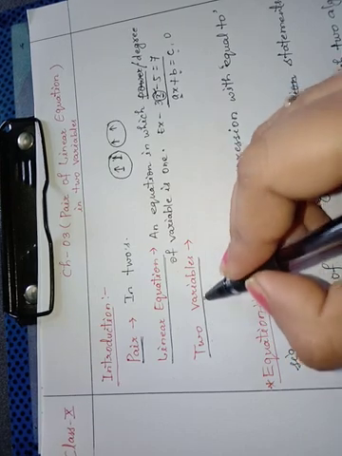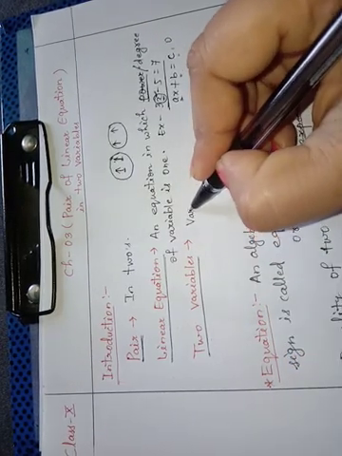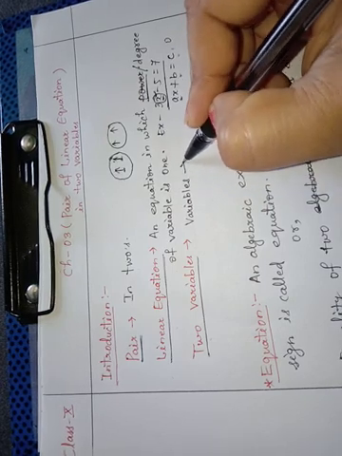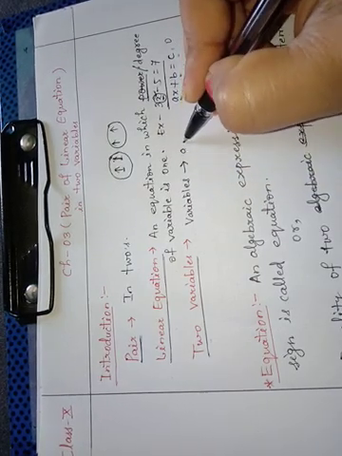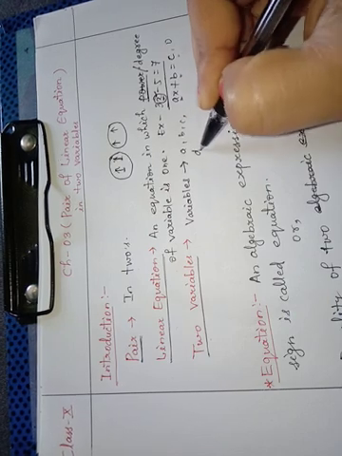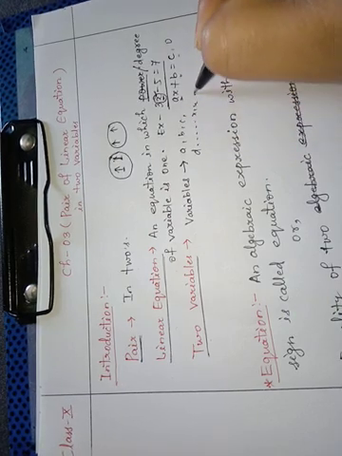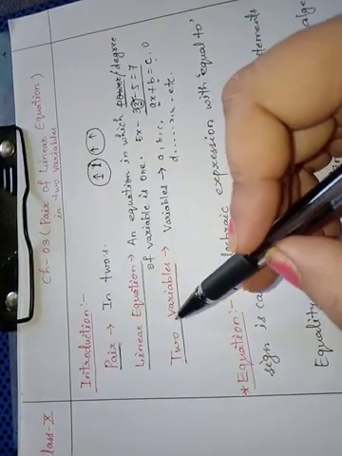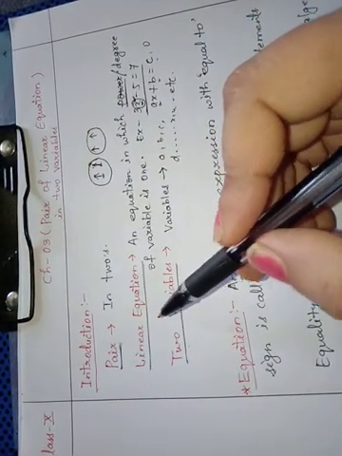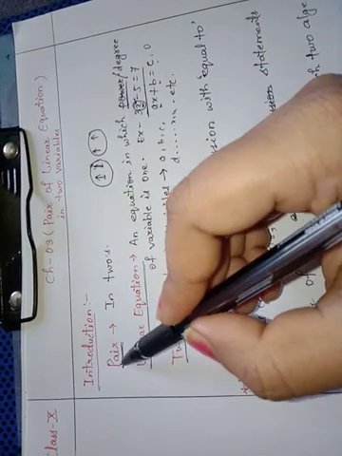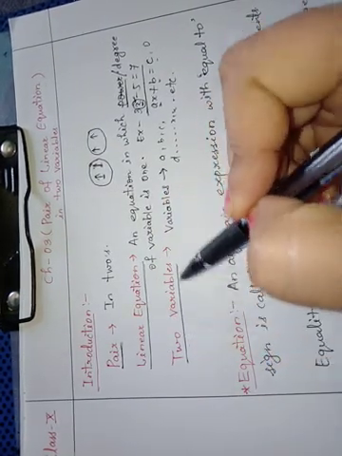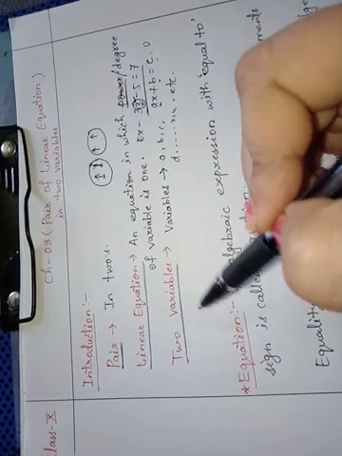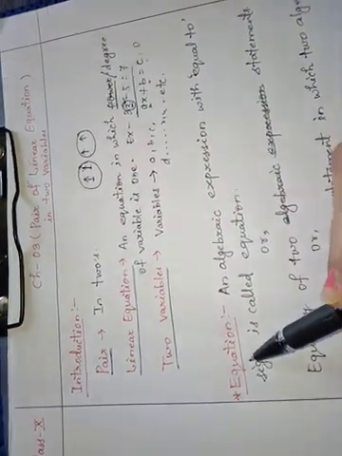Now here two variables, and variables come from English alphabet, means A, B, C, D, etc., X, Y, Z, etc. Then in this chapter we have to read about linear equation which is in pair and where two variables will be used.